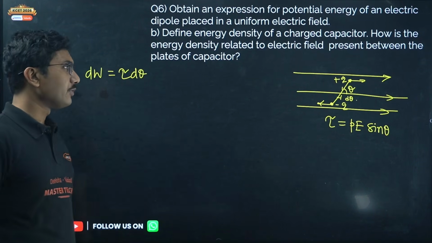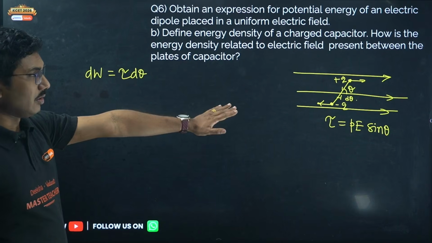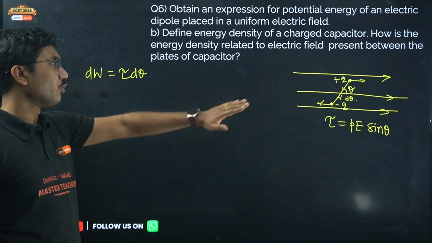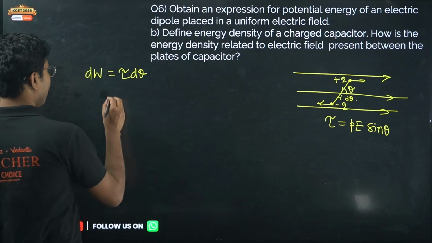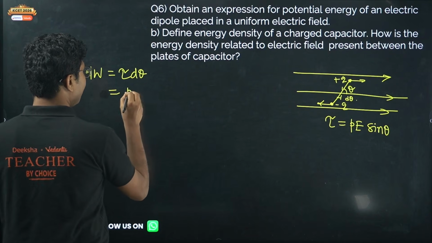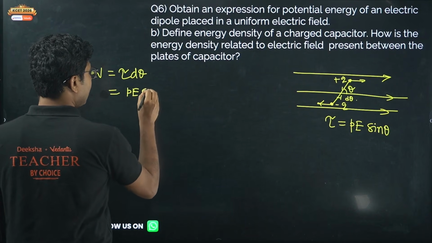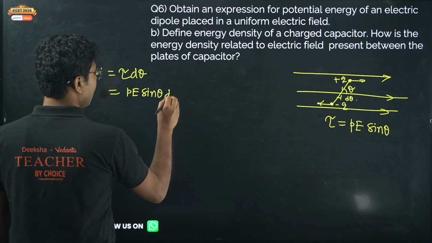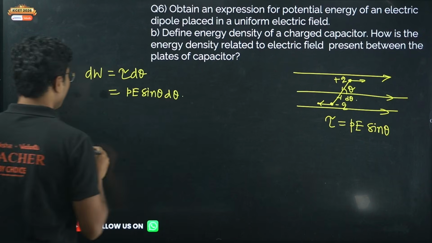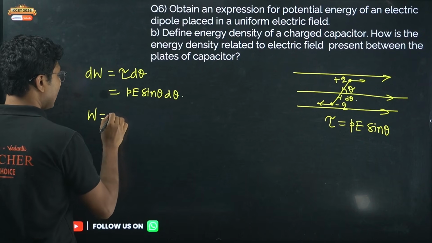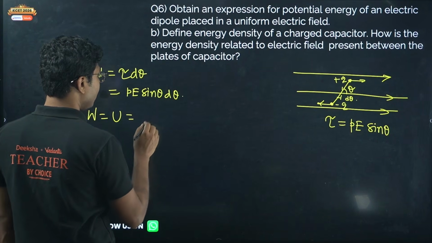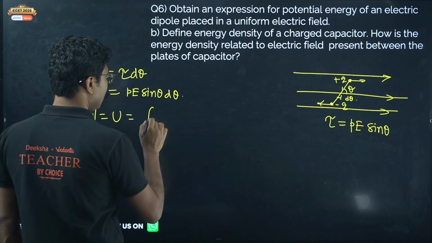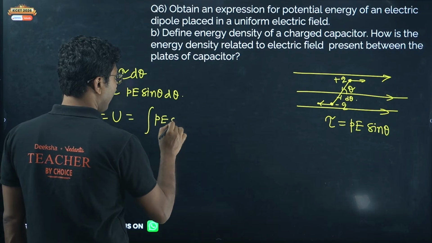Torque into d theta is the work done that you are doing to rotate the dipole when it is kept in an external electric field, and that is equal to pE sin theta d theta. So what is the total work done? Total work done is actually stored as potential energy of the system, and that is equal to the integration of pE sin theta d theta.